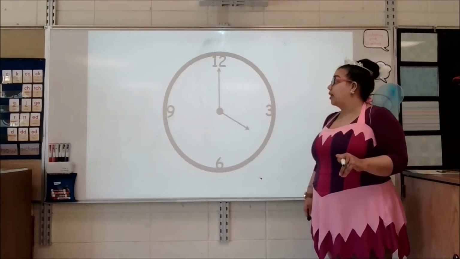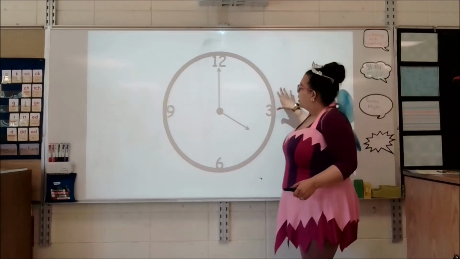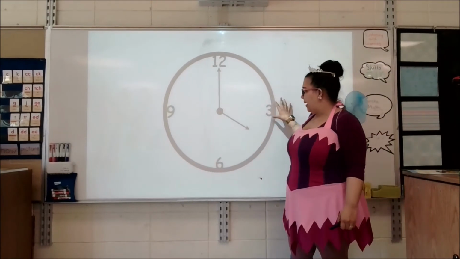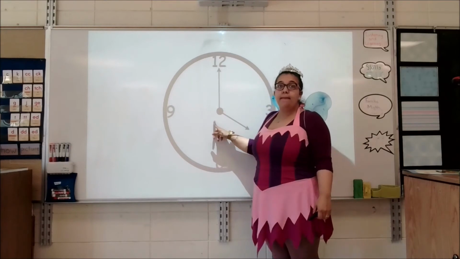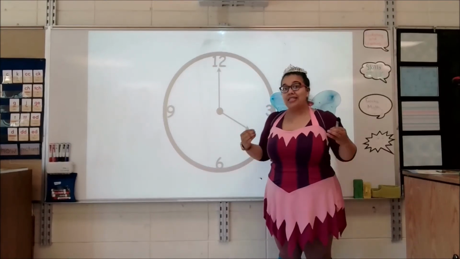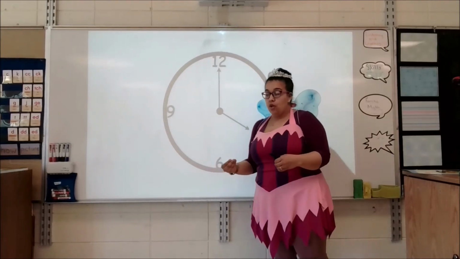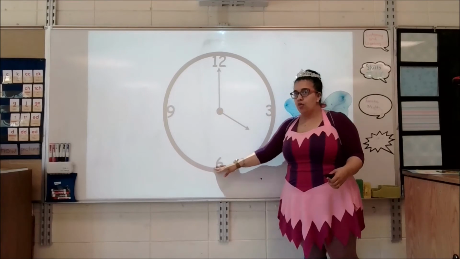And what about this one? This one doesn't have all the numbers. But, like I told you, the points on the clock remain the same. We see the minute hand pointing to the top, which means it's o'clock, the top of the clock. So it is something 00. What time is it?